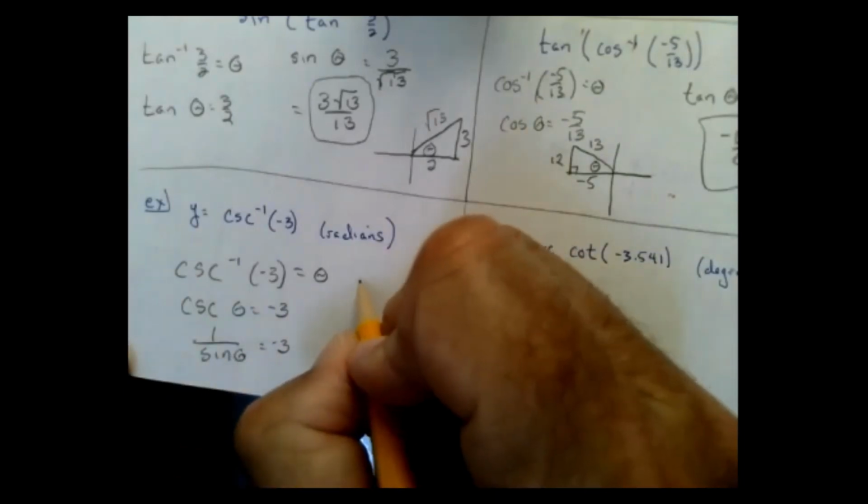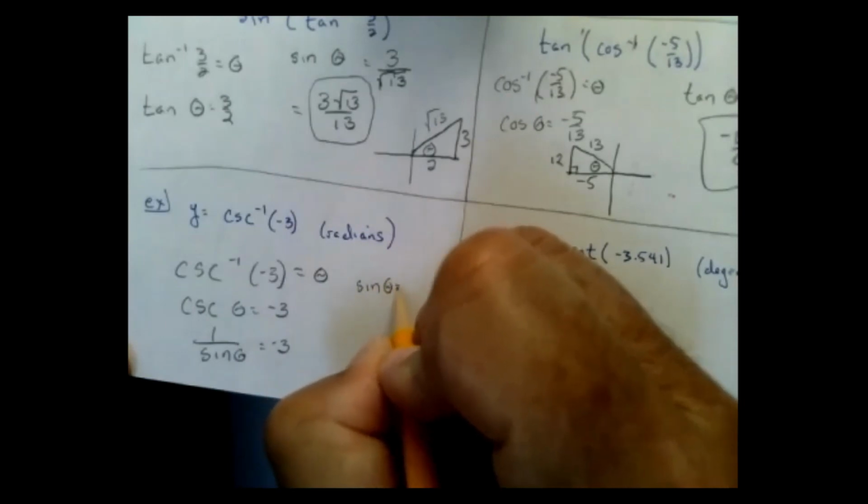I can't put the inverse cosecant in the calculator. But this is 1 over the sine of theta equals -3. Do we agree with that? If I flip both of these, I get the sine of theta equals -1/3.